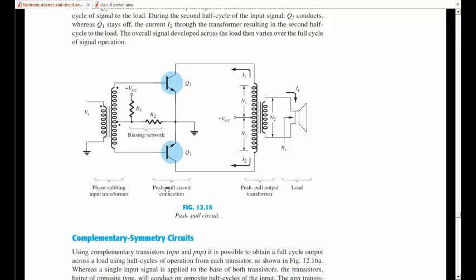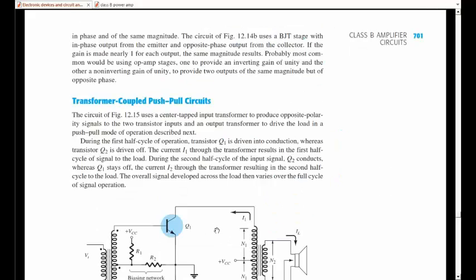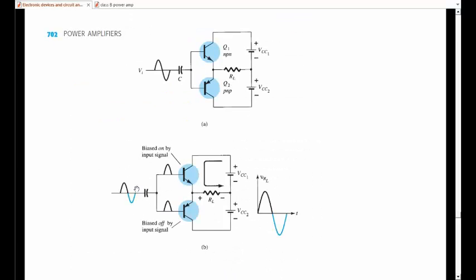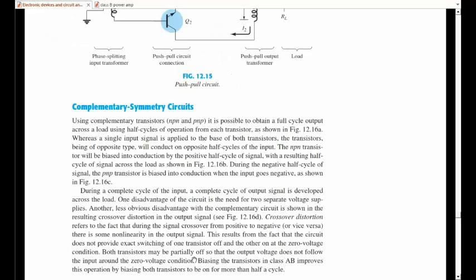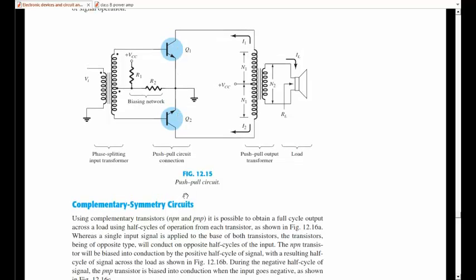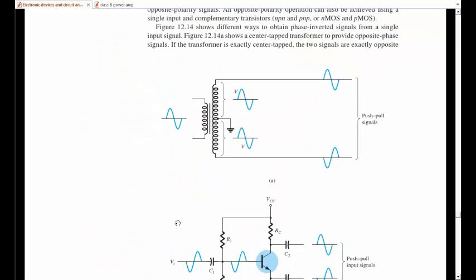When you use complementary symmetry transistors, you do not require any complementary signals at the input. You just feed the input signal as is to the input circuit. But if both transistors are of the same type, that is both NPN, then you have to generate the complementary signals to operate the two transistors, one transistor at a time.